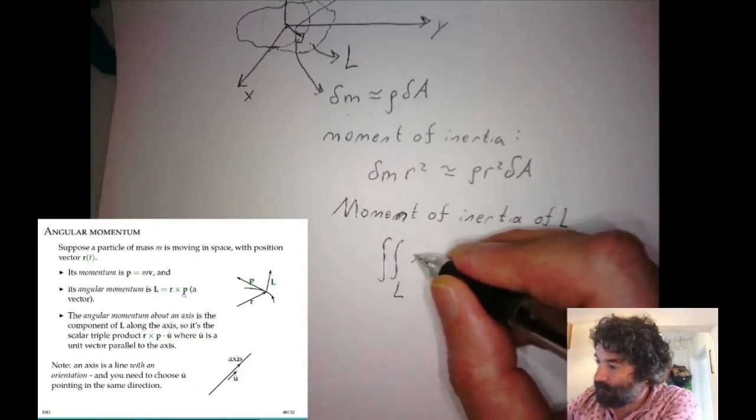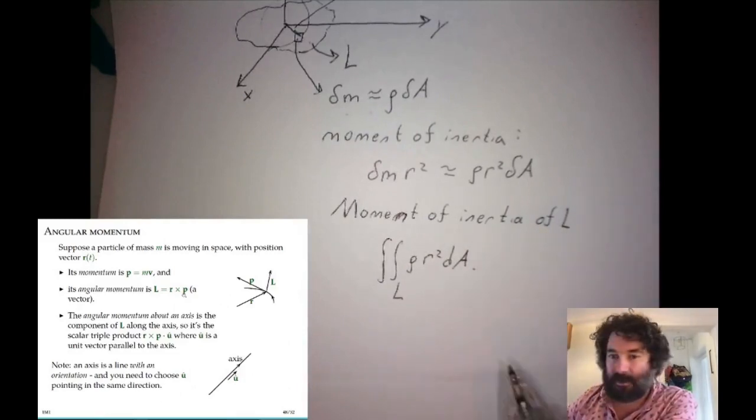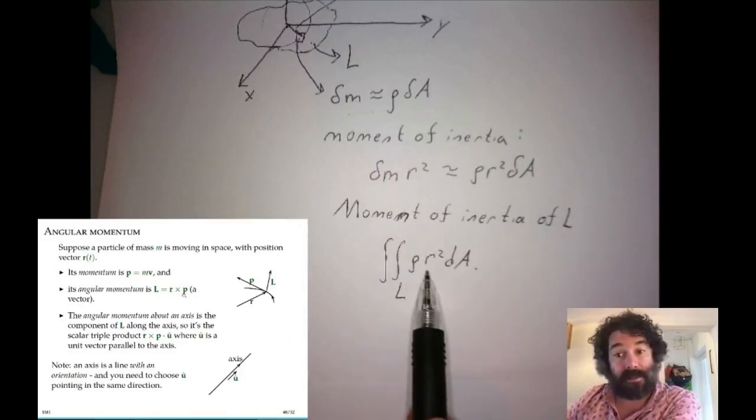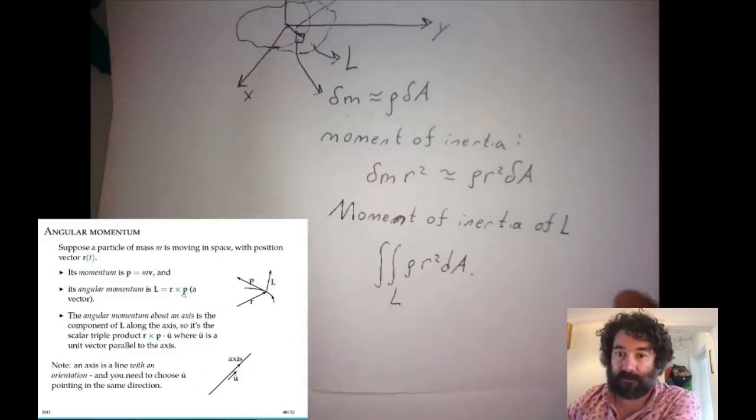So rho r squared dA. Right, and this was the formula that we had for moment of inertia when we were doing double integrals. The density times the distance to the axis squared, that's r squared, times dA, double integral over the plate. So this explains this formula that we used when we were calculating these moments of inertia.